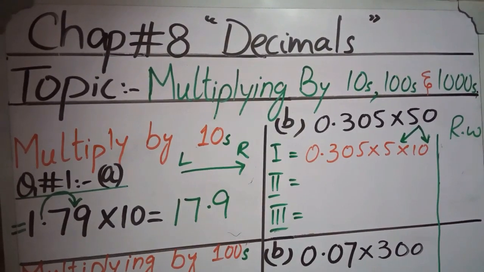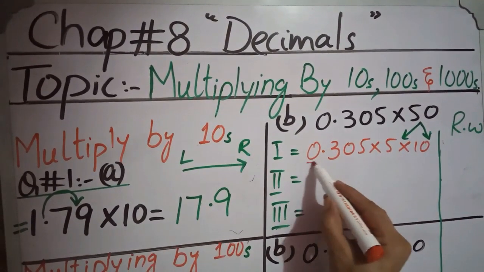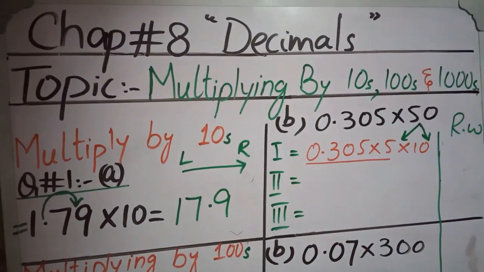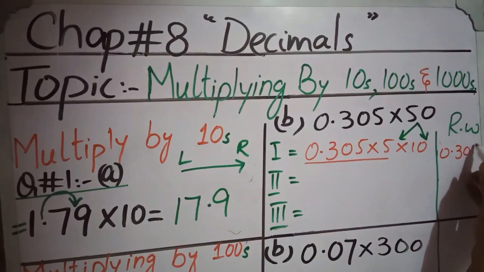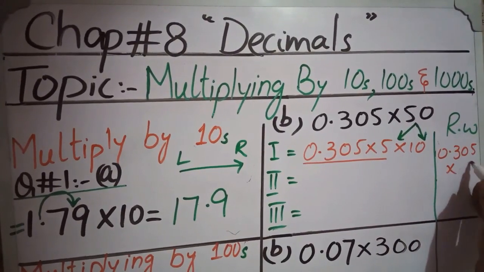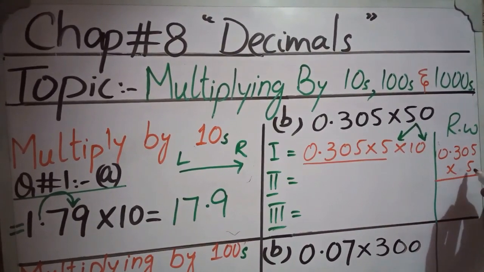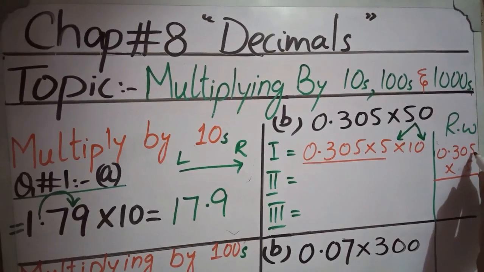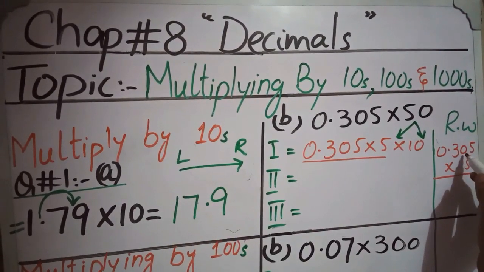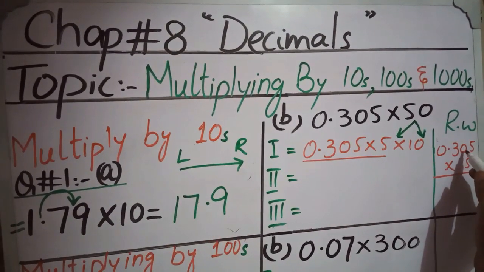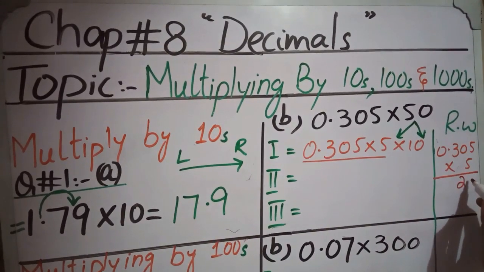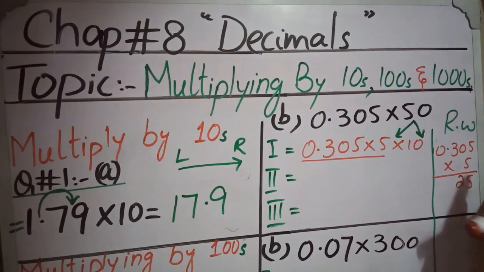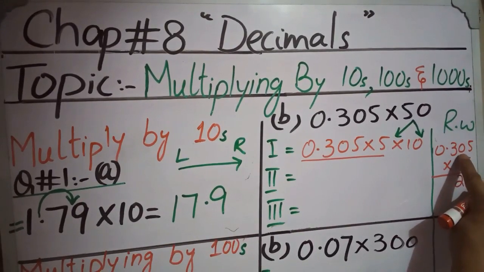First of all we will multiply these two numbers. 0.305 multiplied by 5. 5 fives are 25. The next digit is 0, so we will not carry 1. We will simply write 25, because the next digit is 0.